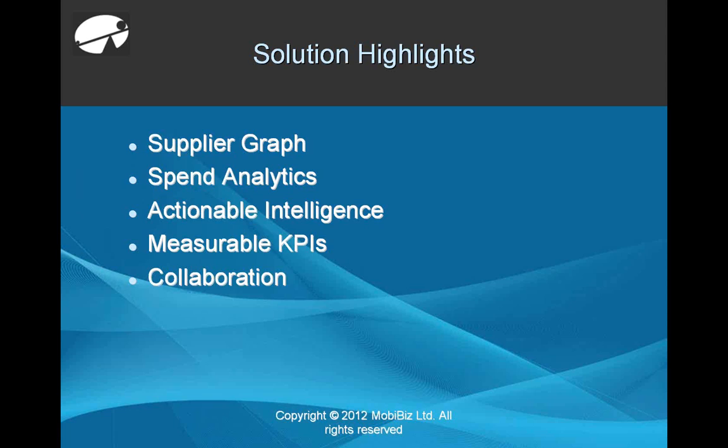You can look at total spend under management, maverick spend, contribution to total spend, and inventory returns. For compliance, you can look at contract pricing and contract violations, and for savings, you can look at savings percentage goals.